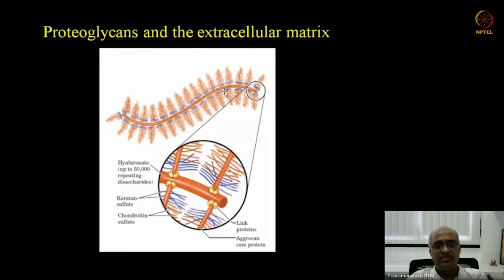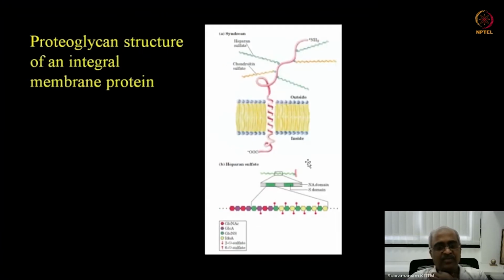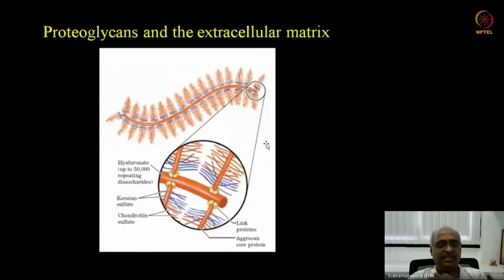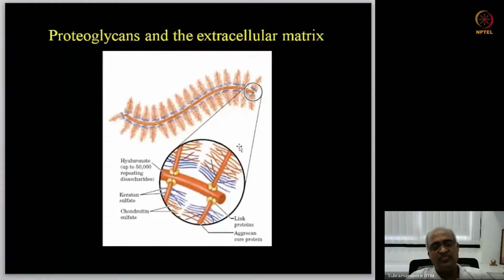And to them, you may have core proteins attached. And these core proteins, unlike the earlier one we saw, are smaller molecules, okay, not very big. Whereas this particular core protein is very large and it's called aggrecan, written here, aggrecan.